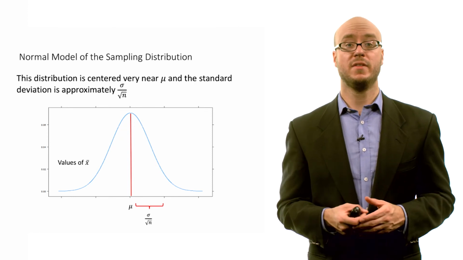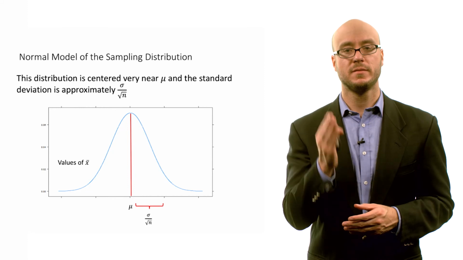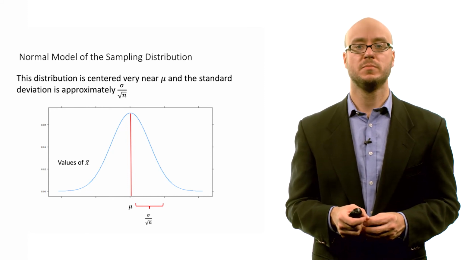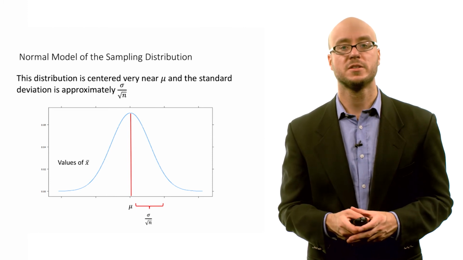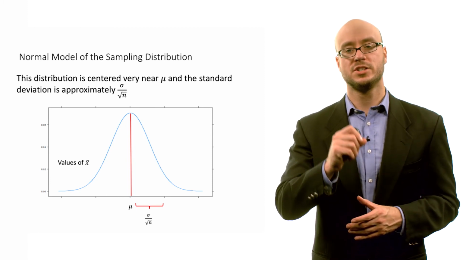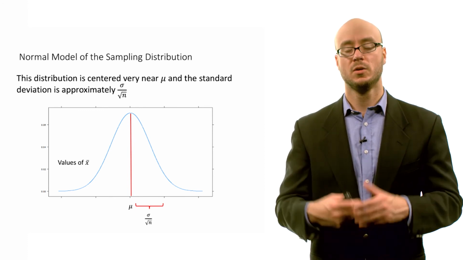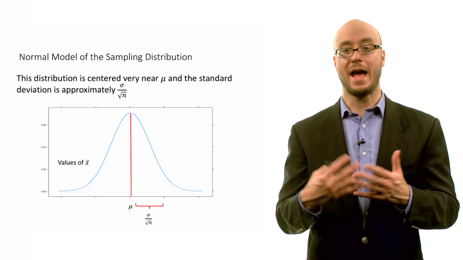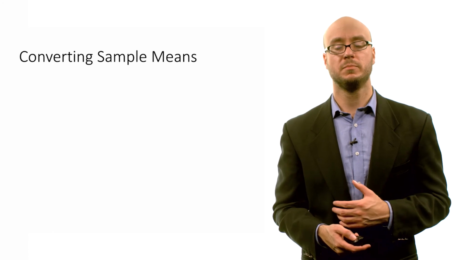And so here we have the normal model of the sampling distribution. You can see that this model is centered very near the population mean mu, and the standard deviation is approximately sigma divided by the square root of n. So this is just a model of the sampling distribution for the sample mean. We can use the normal model. We don't actually have to have a population and select random samples as we did before.